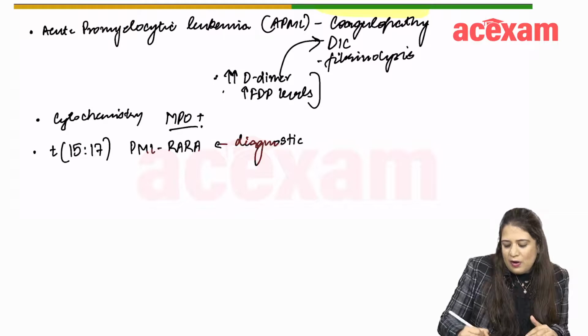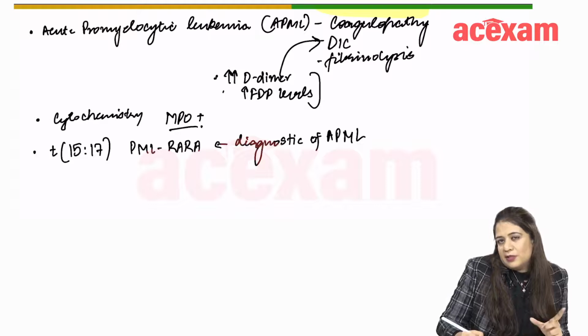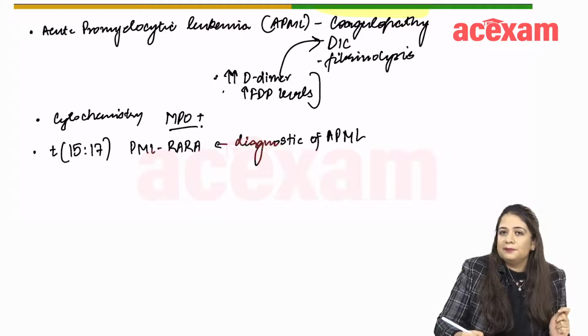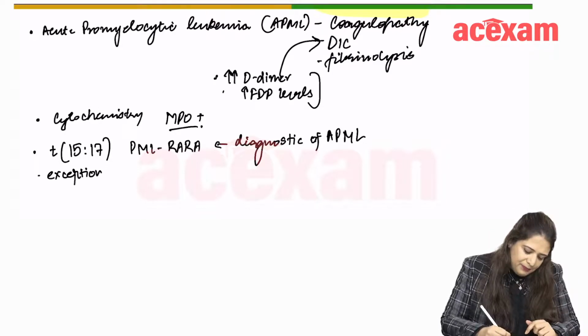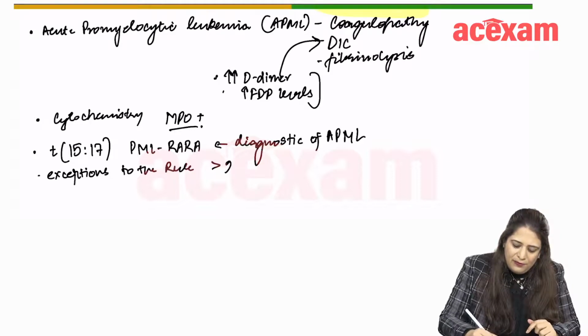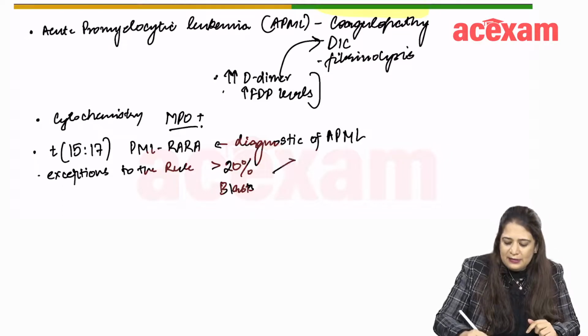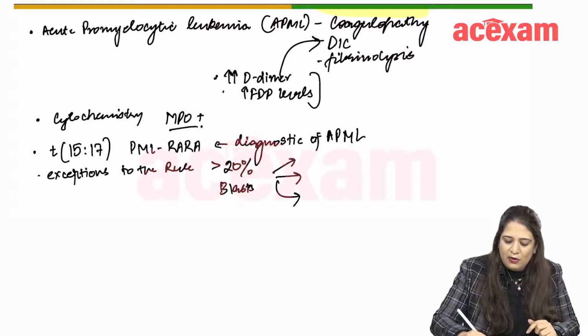Now, what if I tell you that there is an individual who has, suppose, 5% of these abnormal promyelocytes in the blood and still is showing translocation 15;17, is it still a leukemia? The answer to this is actually yes. There are certain exceptions to the rule of the periphery or the bone marrow showing more than 20% blasts, and those are 3 characteristic translocations.